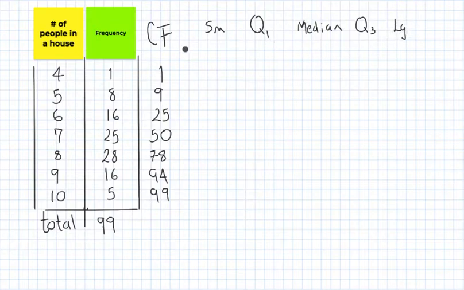So the smallest value is just going to be the first one that we have here, which is 4, and the largest value is going to be the largest in our table, which is 10.